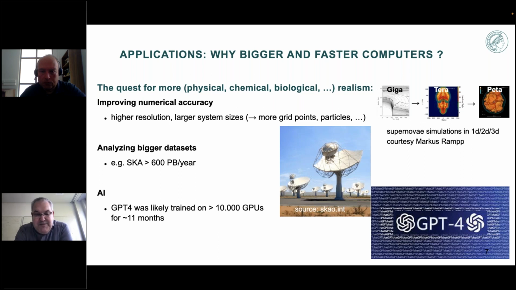There are no precise numbers available, but likely this system was trained using several tens of thousands of GPUs, which is a scale where we get into, perhaps, half of Frontier or so, and they used almost a year for doing that.